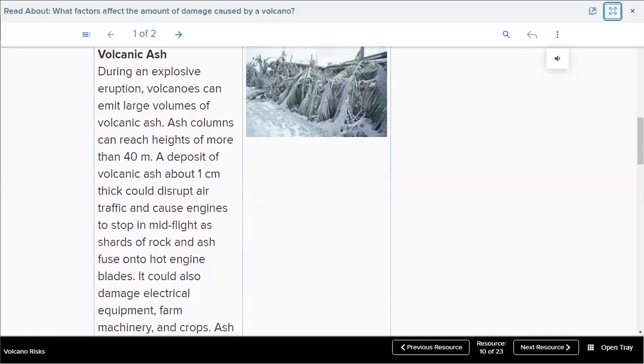Volcanic ash. During an explosive eruption, volcanoes can emit large volumes of volcanic ash. Ash columns can reach heights of more than 40 meters.